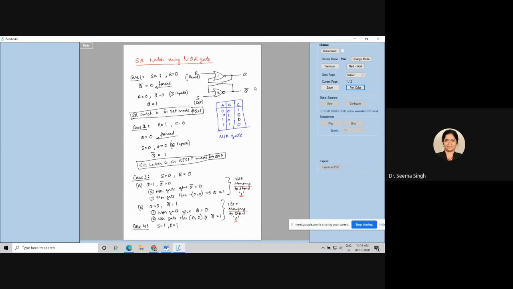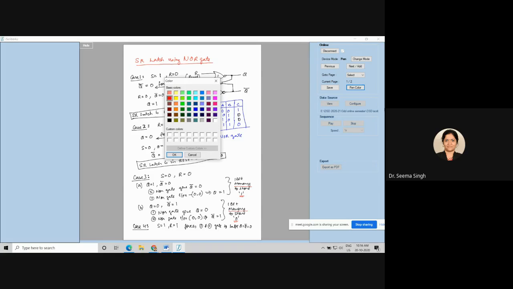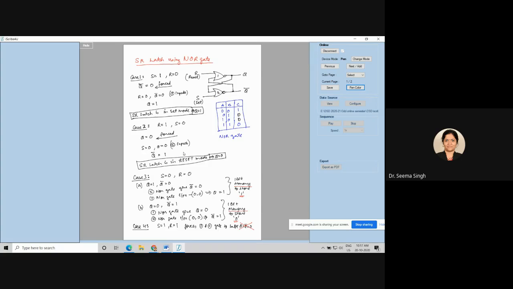So S and R equal to 1 forces both gates to have q equal to q bar equal to 0, which is not allowed. That is why it is called an indeterminate state, because it is not allowed. So these are your 4 cases of SR latch using a NOR gate.